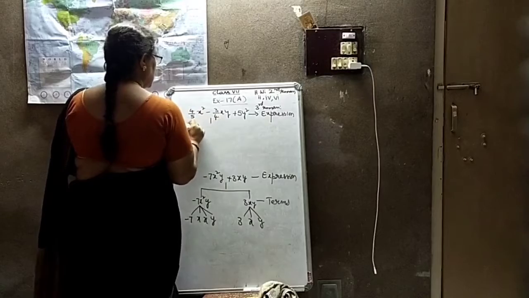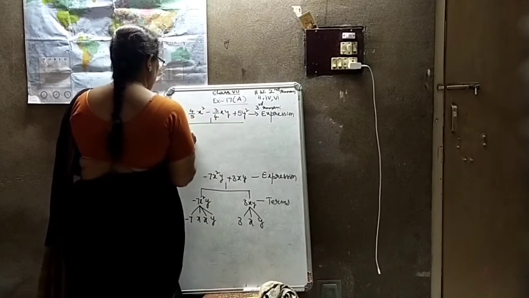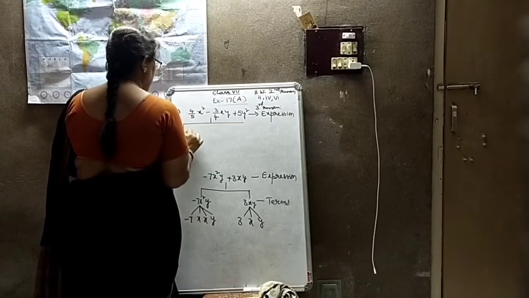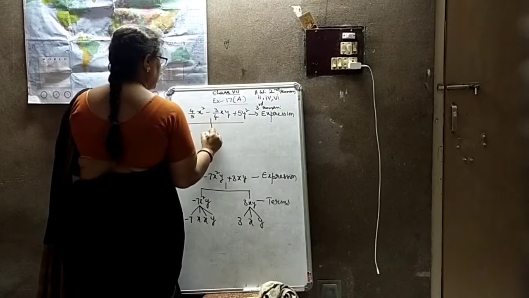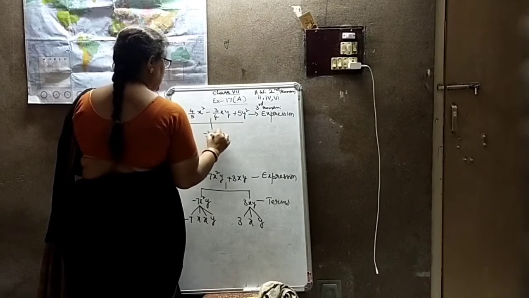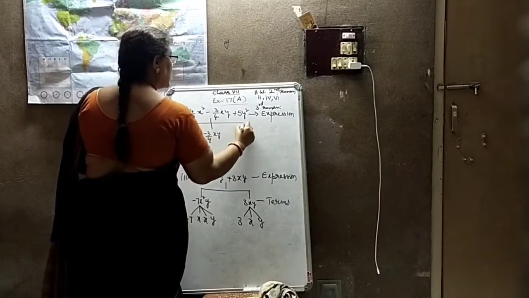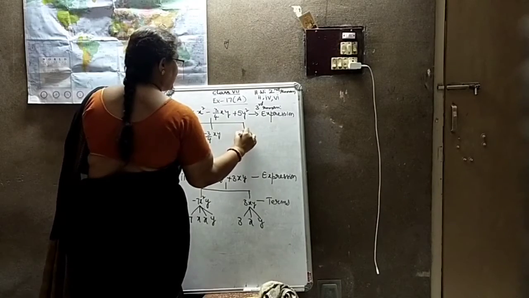4 by 5 x square minus 3 by 4 xy plus 5 by 6 y square.